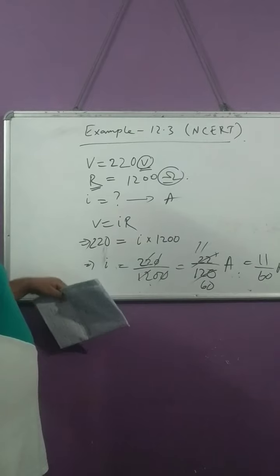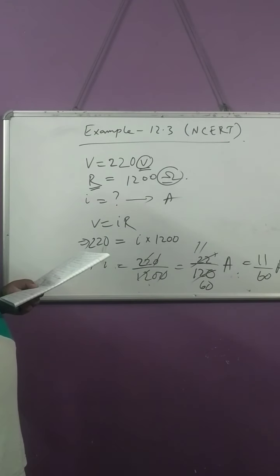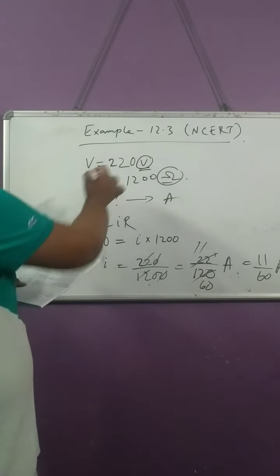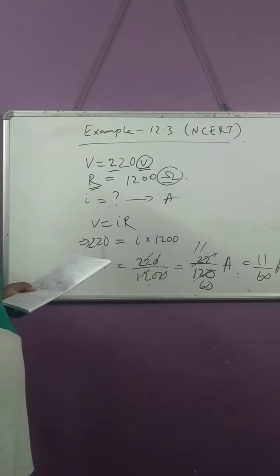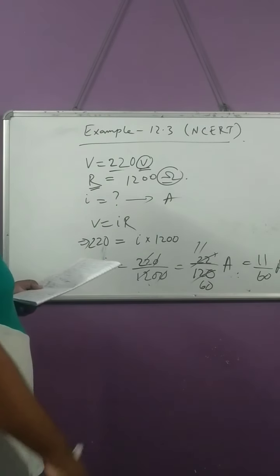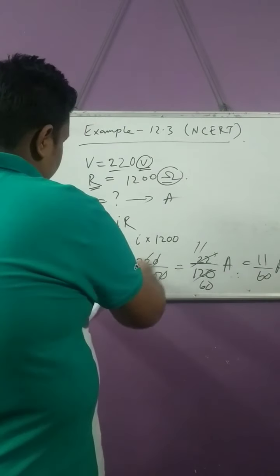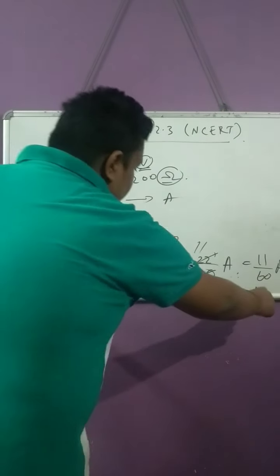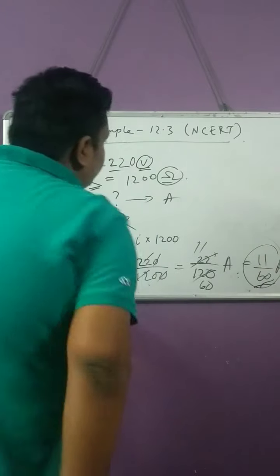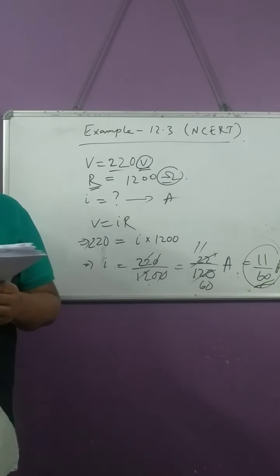Am I right? Please check it once again. 220 volt was given, resistance was 1200 ohm, yes, sure. Current is 220 by 1200. Alright, this will be the final answer, 11 by 60 ampere. Sorry for the mistake. Let's move on to the next part.